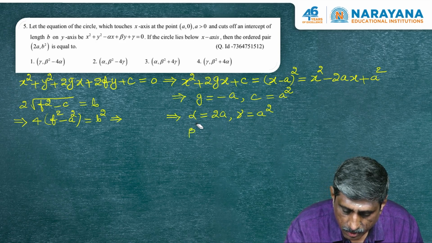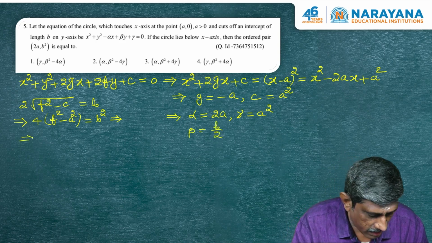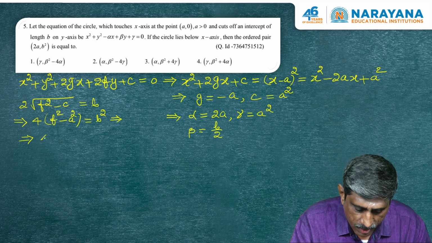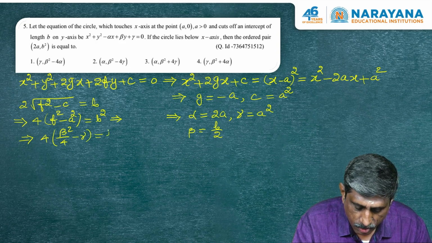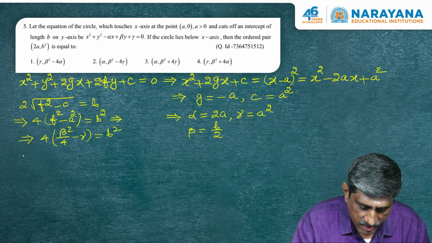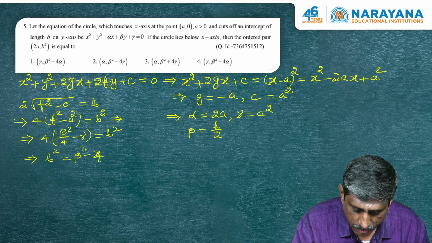When we substitute here, we get 4 times (beta square divided by 4 minus gamma) is equal to b square. When we simplify this, we get b square is equal to beta square minus 4 gamma.